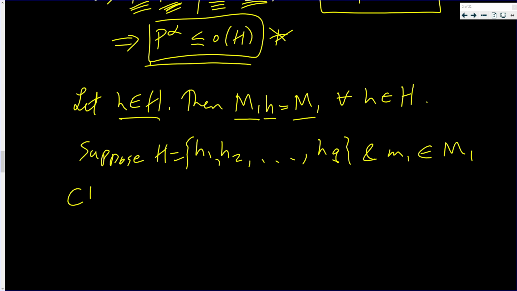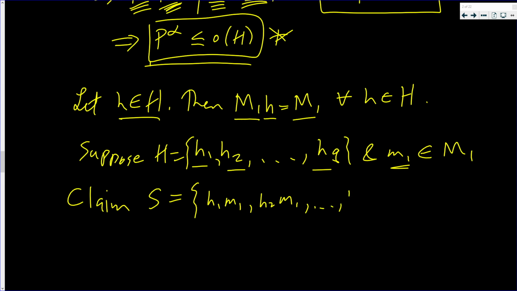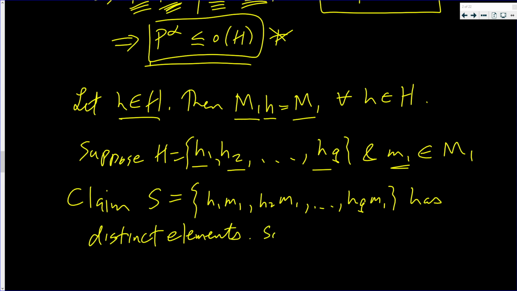Now, I claim that the following set, let's call it the set S, which is h1 m1, h2 m1, all the way up to hq m1. I claim that S has q distinct elements. Okay? Well, let's argue that that's true.